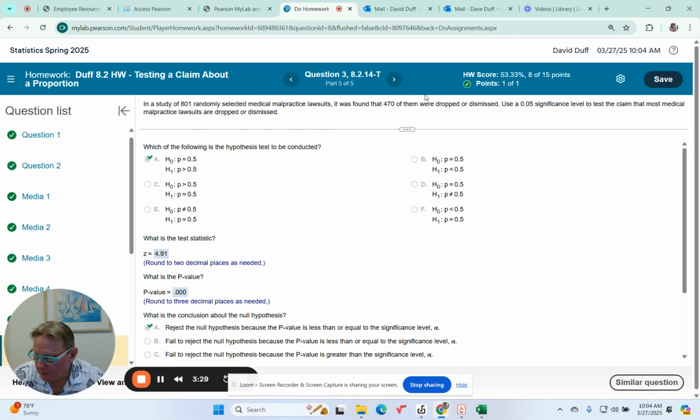We get some data, 470 out of 801 were dropped or dismissed, and that's 0.587. So this leads us to believe that the alternate hypothesis may be true. But how do we determine that to be true, right? Well, we're going to find a test statistic. So how do we find a test statistic?